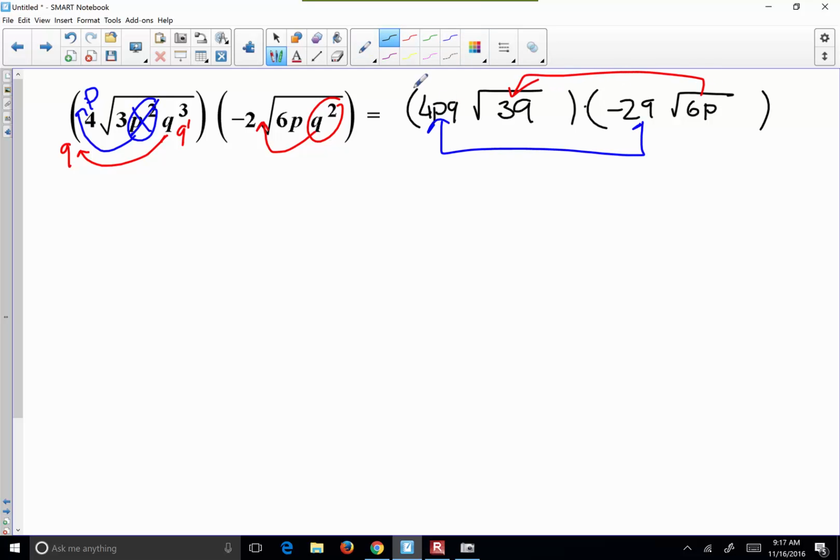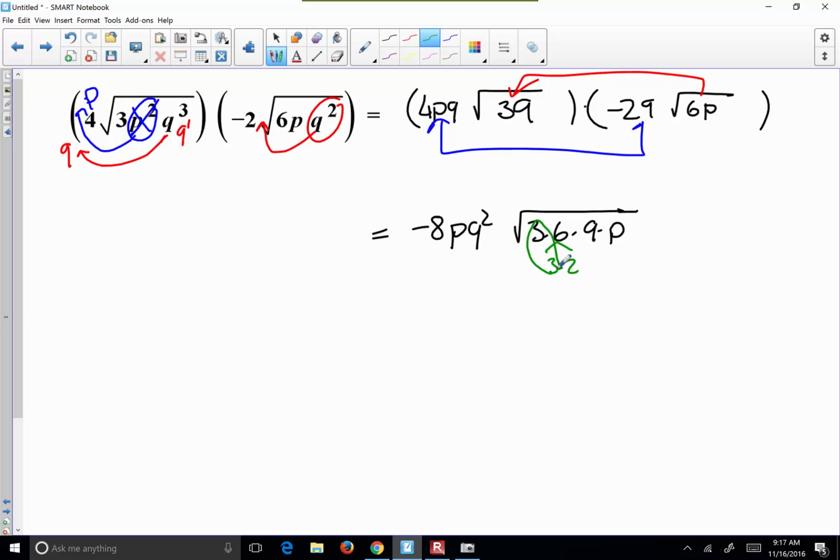This is just the second method. 4 times minus 2 is minus 8 p cubed. Q is pq squared times 3, 6 q p. Well, when you break 6, there is 3 and 2.